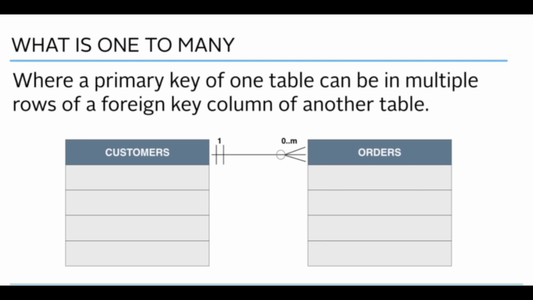And you can see that represented in the diagram between the two tables. So it's saying that one customer can place many orders, but a particular order ID can only be associated to one customer.